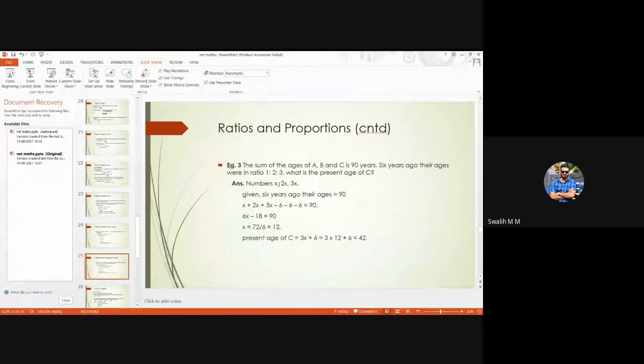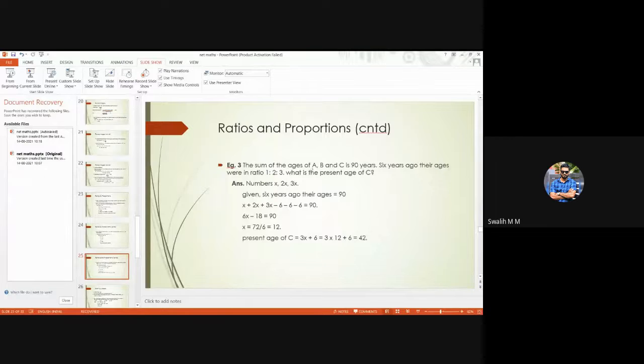So what is the question? What is the present age of C? Remember, 6 years ago is 3x, but the present age would be 3x plus 6. You should add 6 as well because you already subtracted 6 in this equation. So C's age is given as 3x.